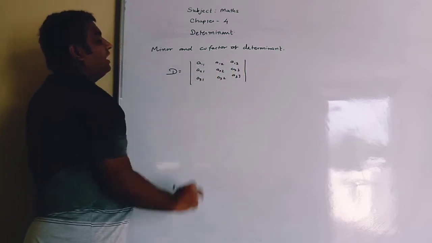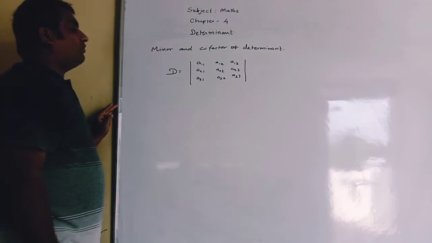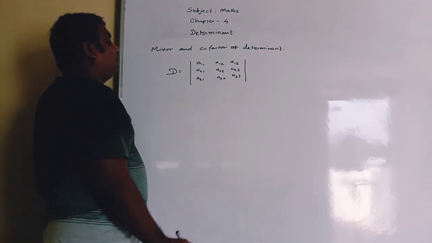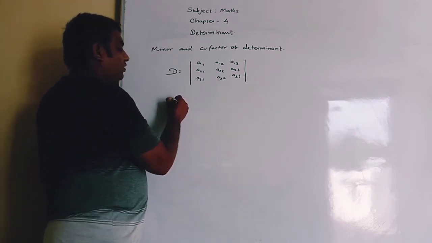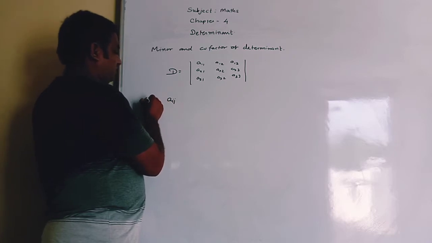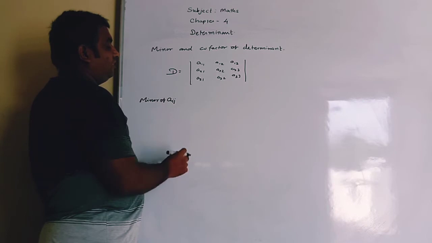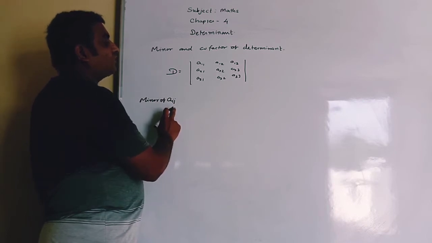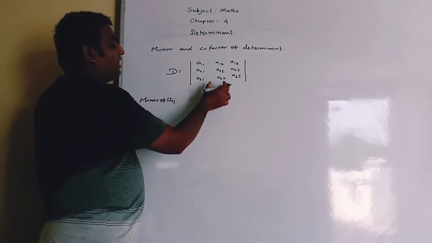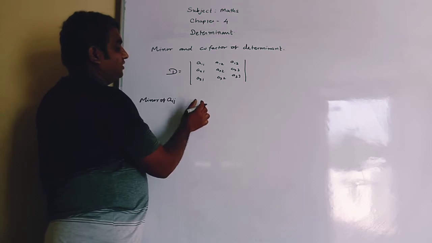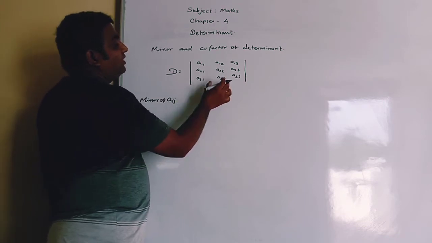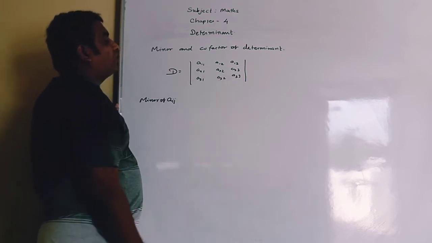Then suppose we want to find the minor of any element aij. We delete the ith row and jth column, and the remaining elements give us a determinant. That determinant is called the minor of the element.